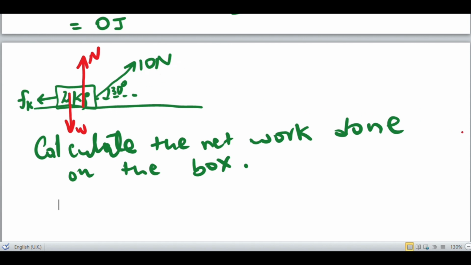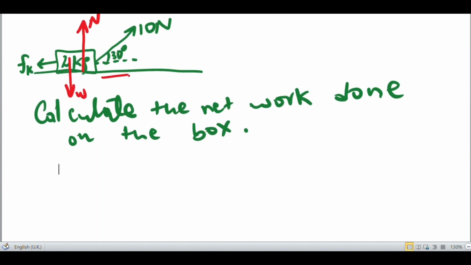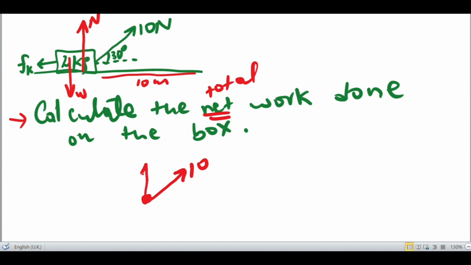Now we are going to draw a free body diagram. So the displacement is the same as that one, 10 meters. So we are going to answer this question. Calculate the net work done is the total work done on the box, which means we are going to calculate the work done for each force, then we combine them, then we see the net work done on the object.